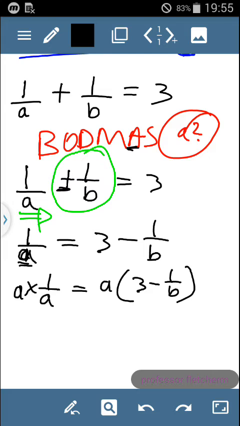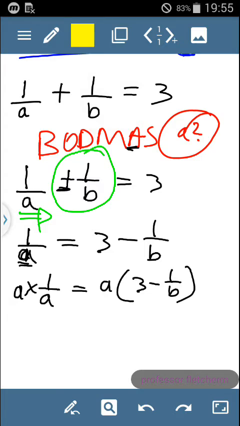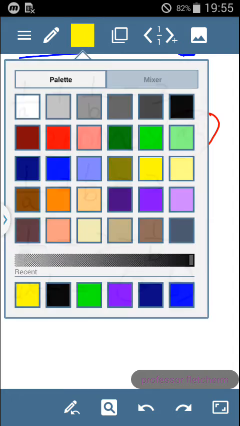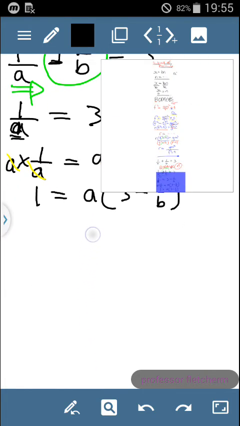So for you to see the workings, the A and the A will cancel out each other, leaving us with the 1, and then the A here will multiply everything that is inside the bracket. So as a result, we have 1 is equal to A bracket 3 minus 1 over B, like that.